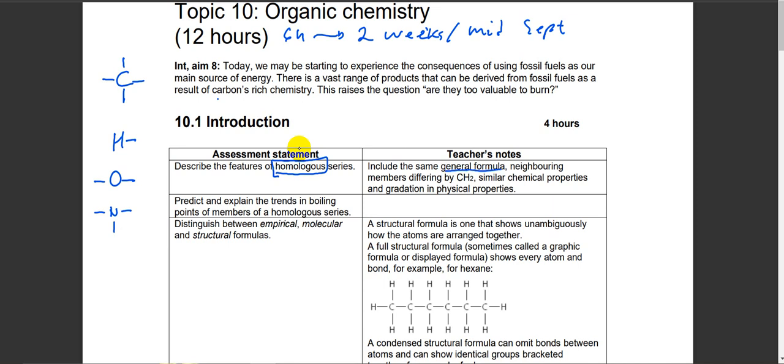If they have the same general formula, we call them homologous. What is meant by that? The difference between them is only CH2. They have similar chemical properties, and there is a pattern or gradation in physical properties.